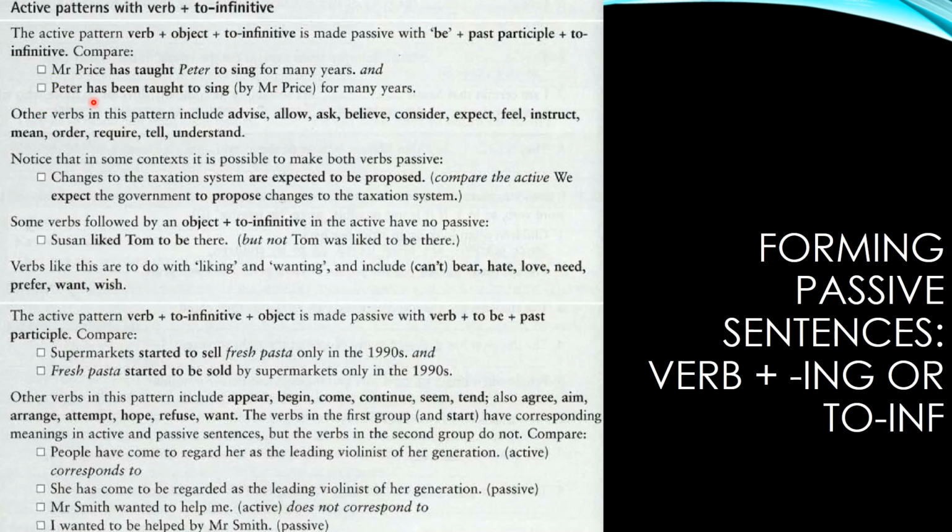And Peter has been taught to sing by Mr. Price for many years. So in the second example, we have be, which is has been, taught, the past participle, and to infinitive, to sing. As you can see, the to infinitive in the first sentence remains in the second sentence.